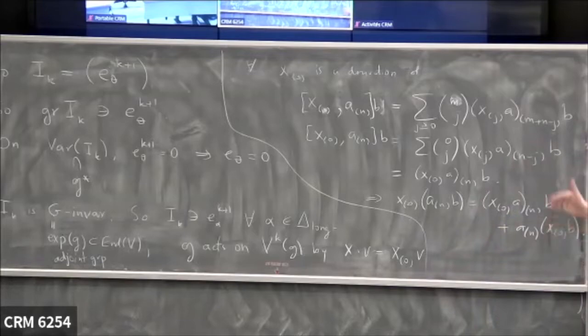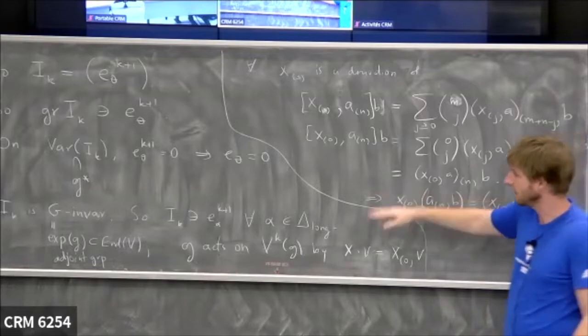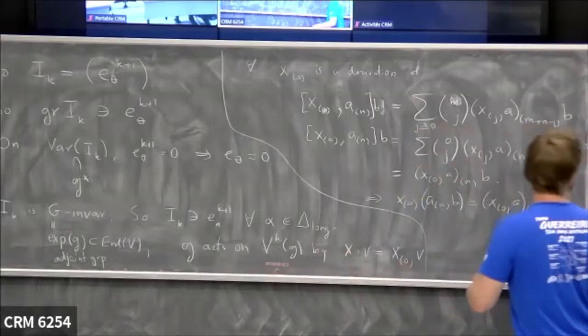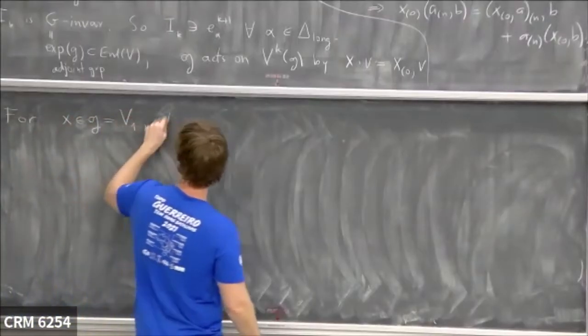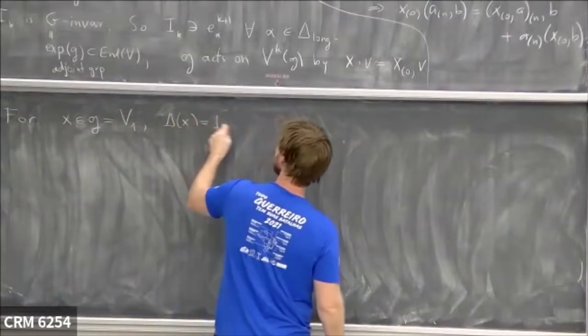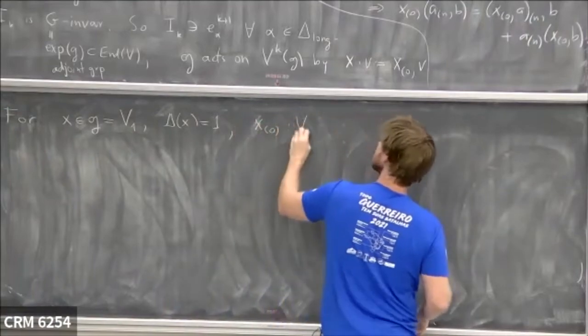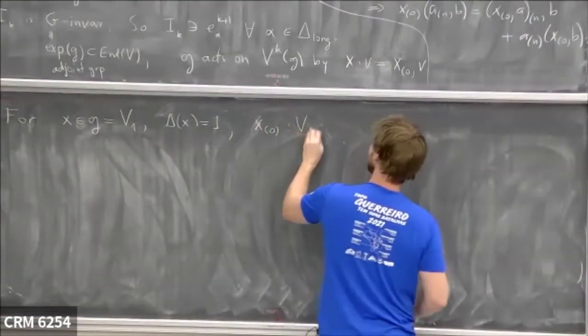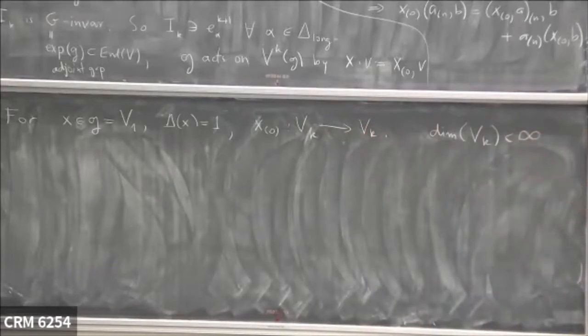So if you exponentiate one of these operators, and you can for x lying in g, which is the V_1 part, so that delta of x is 1, x_0 maps V_k to V_k, and these are finite dimensional. So you've got these operators acting on finite dimensional vector spaces, so you can exponentiate them.